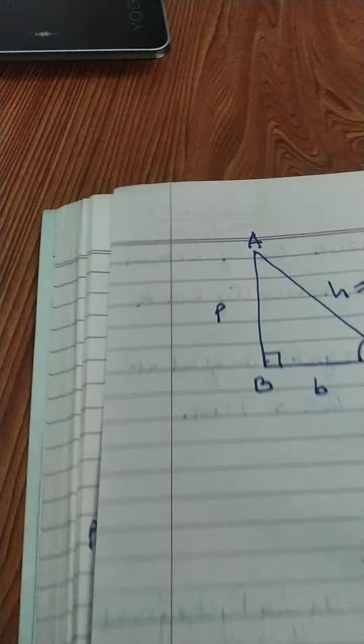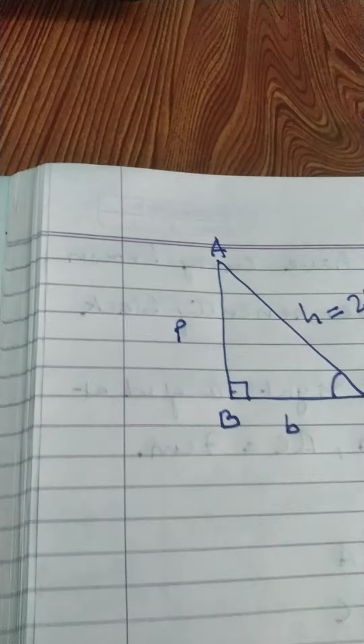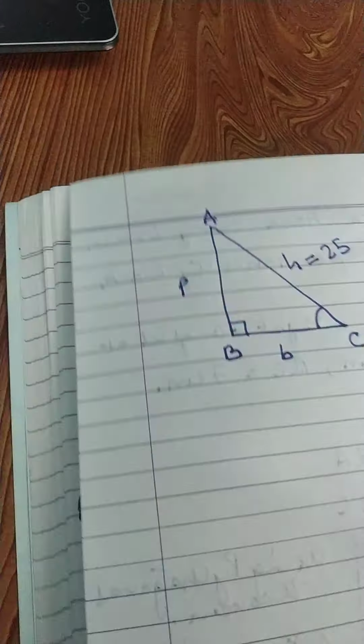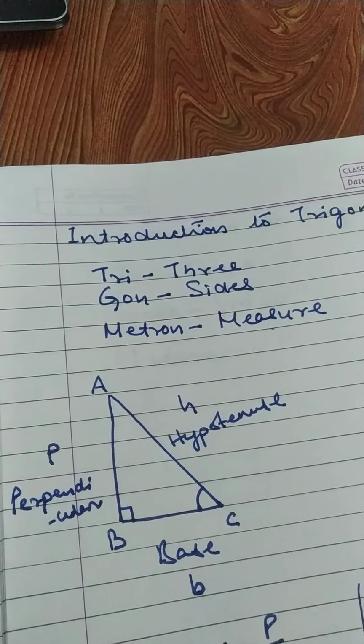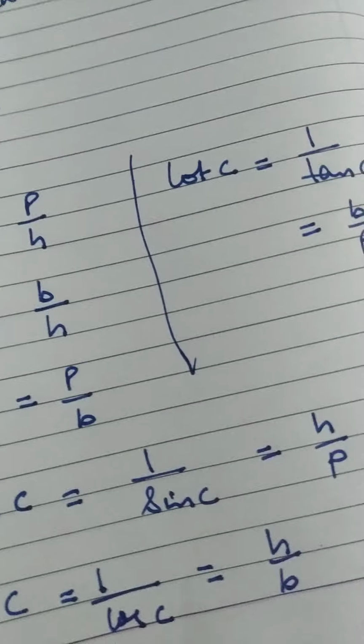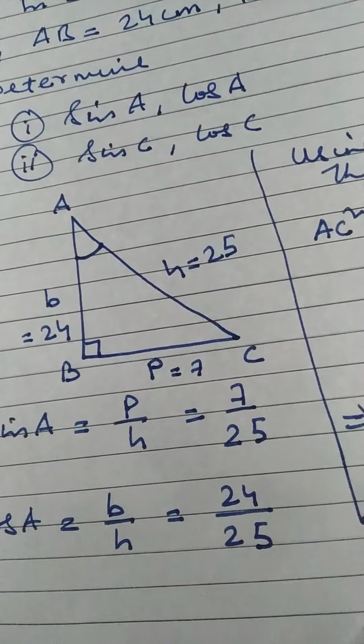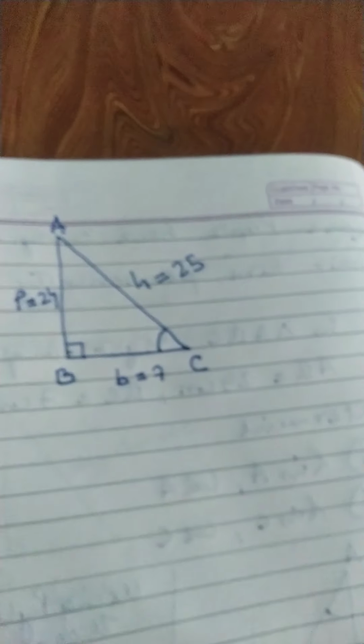And the value we have already found. H is equal to 25. Base, this value BC is 7 and AB is 24. We have already found these values.